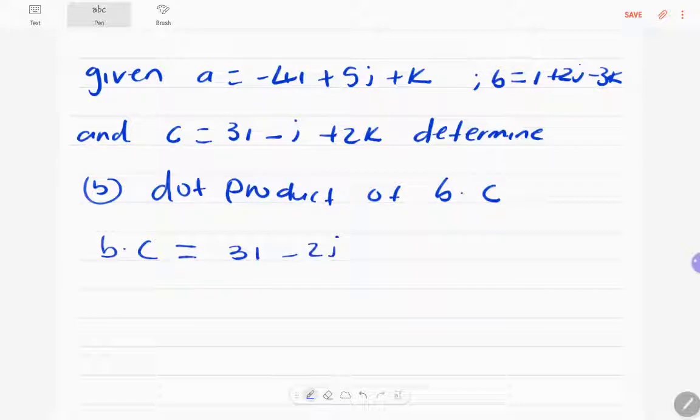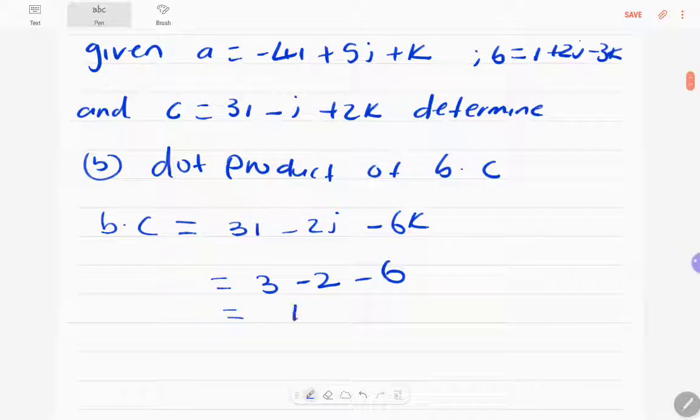Minus 3 by 2 is minus 6k. I will have 3 minus 2 minus 6. This is 1 minus 6, which is minus 5. So this is my answer.